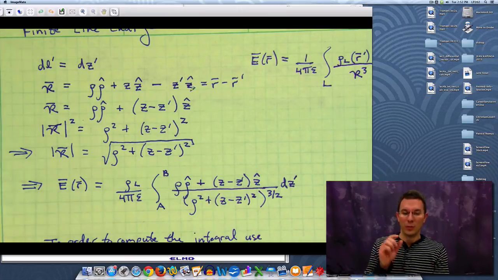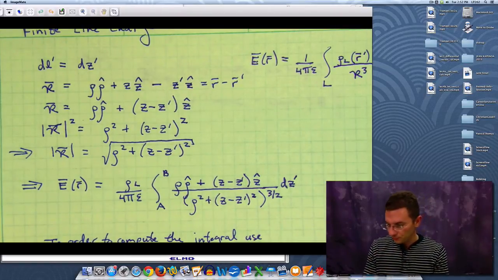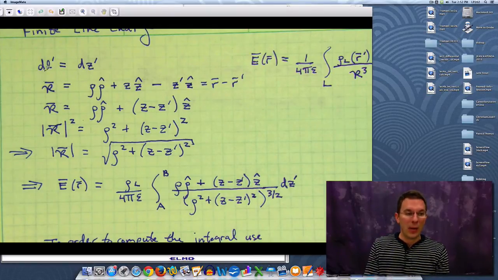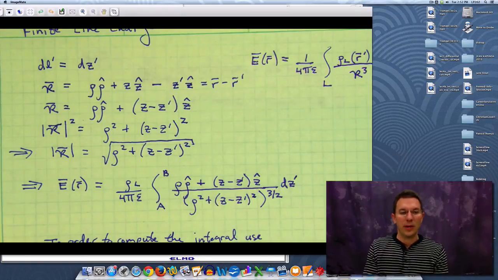That vector points from the origin to a point on the charge distribution. And so capital R is simply the difference between r and r prime, this vector minus this vector, which we can write in this way: capital R is rho hat plus z minus z prime times z hat.